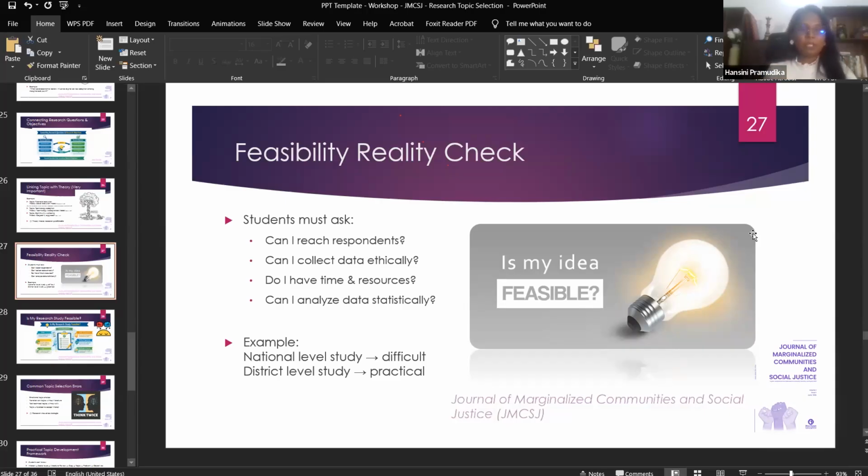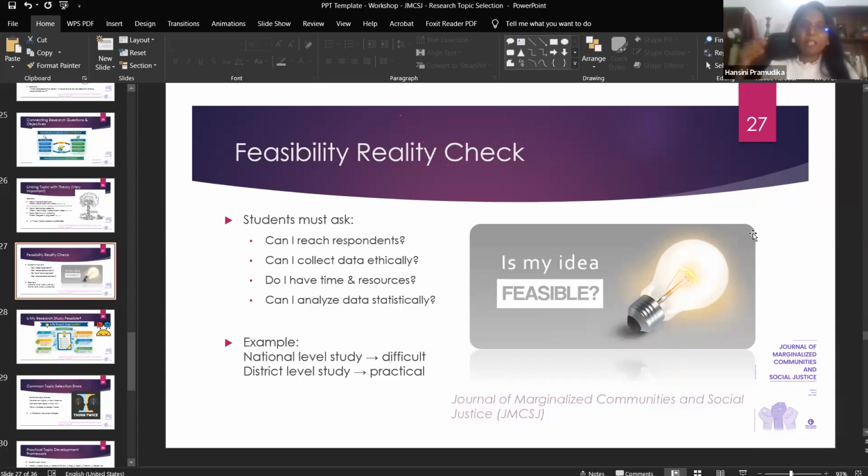It is very much critical. So you have to get permissions from the responsible authorities. Likewise, it is a challenging situation when it comes to data collection. So you have to think about that as well. Are the respondents reachable or not? How to do the data collection, whether it is possible or not for me, right? Likewise, you have to think about that. Sometimes students are unable to get the permission.